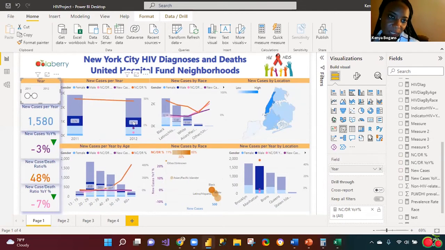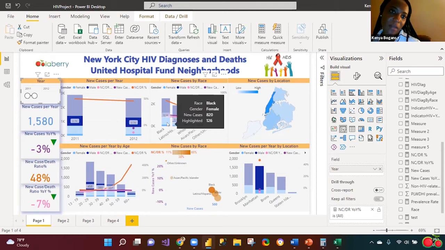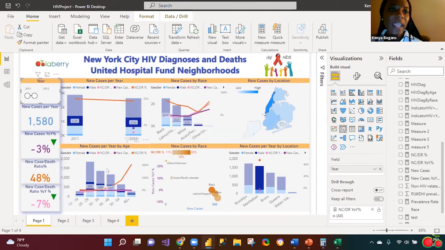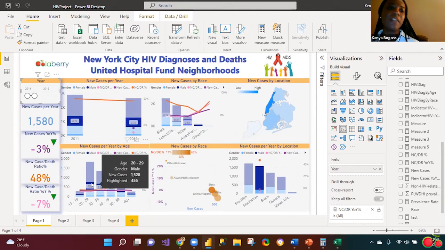As we look at the data further, we'll see that 346 Black males make up that number, and 126 Black females make up that number. If we look at age, the same data, we'll see that males between the ages of 20 to 29 make up 456 of our cases.